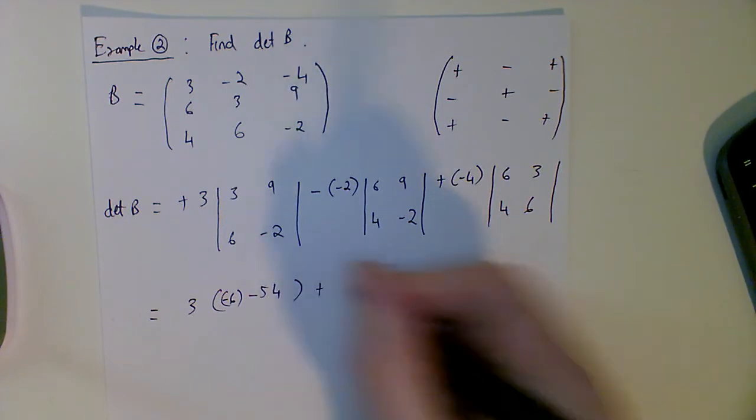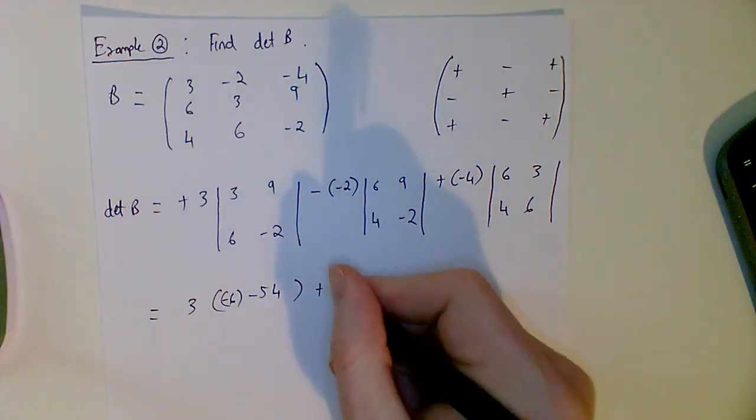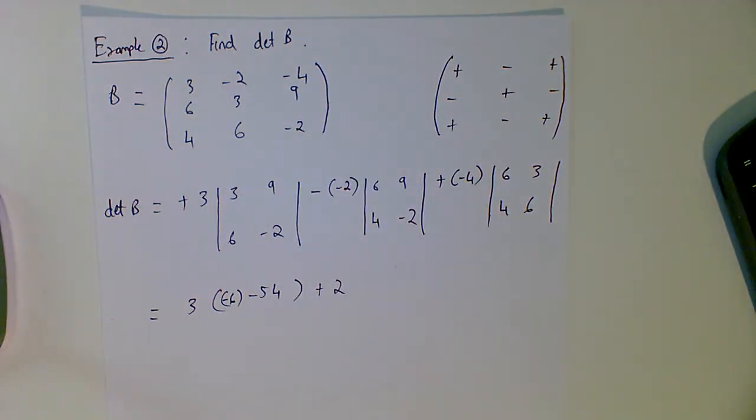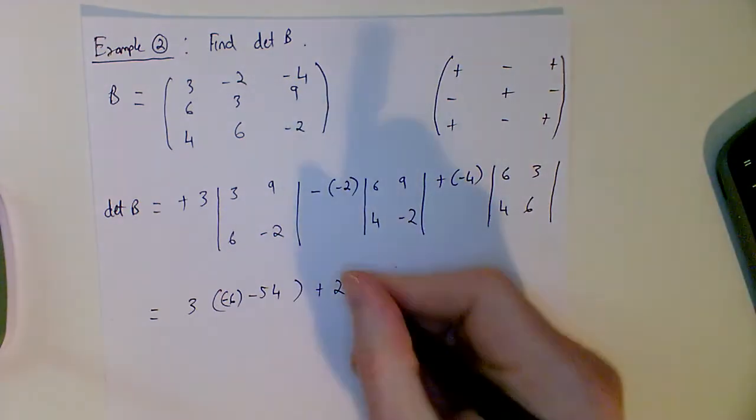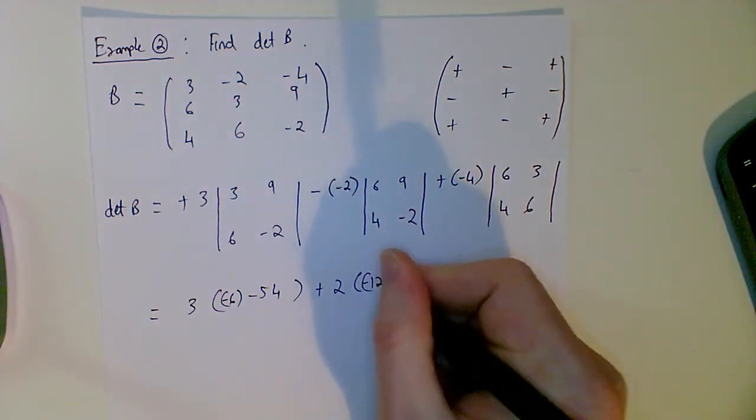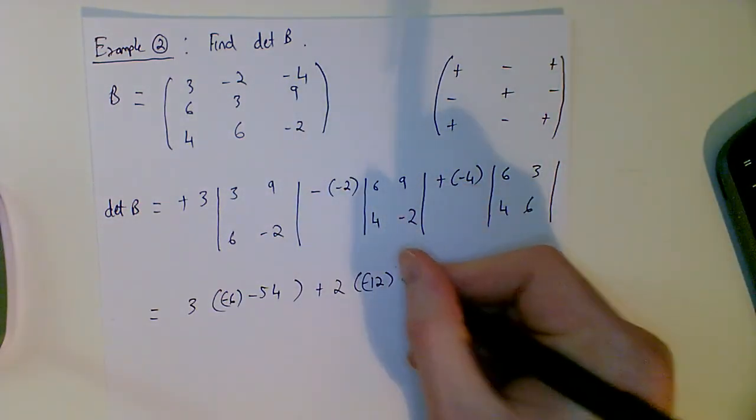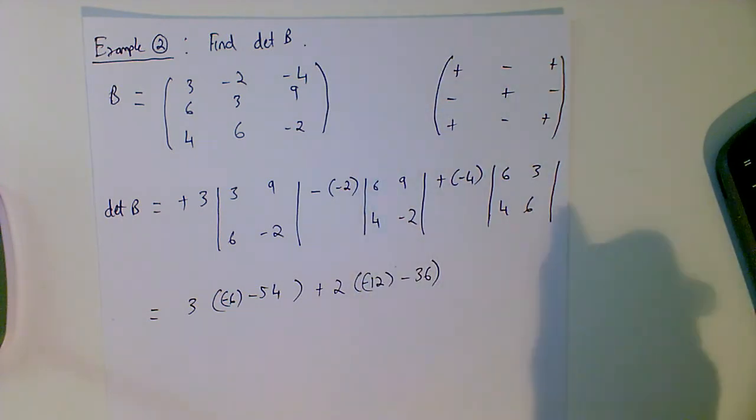Then your two subtract signs come together and make it an add. And we're doing 6 multiplied by 2, which is negative 12, and 9 multiplied by 4, which is 36.